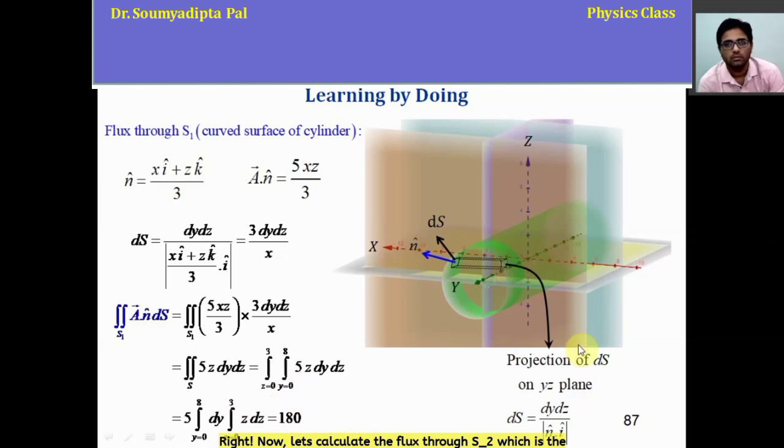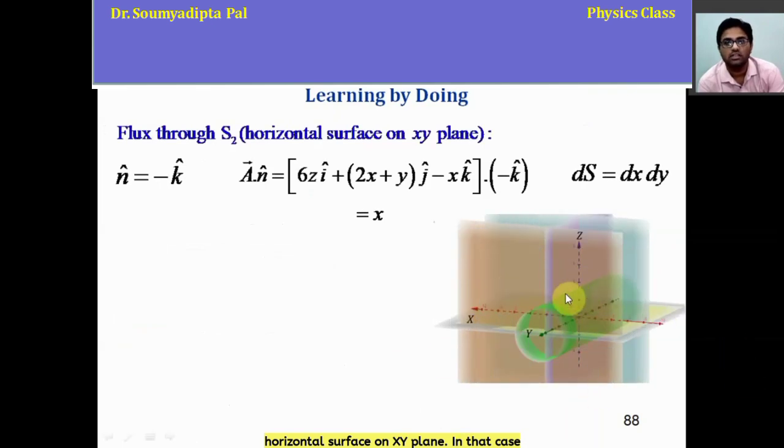right? Now let's calculate the flux through S2, which is the horizontal surface on XY plane. In that case, the unit normal direction is minus k cap, because when we find out flux, it is actually in the positive sense, means the outward flux we will consider.